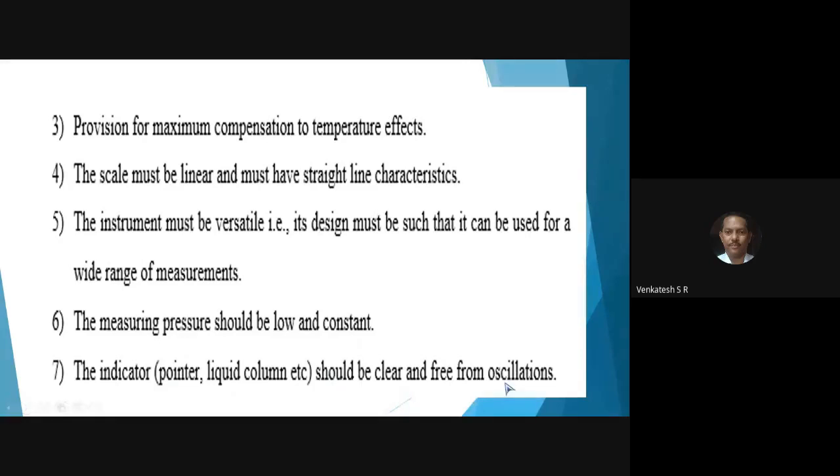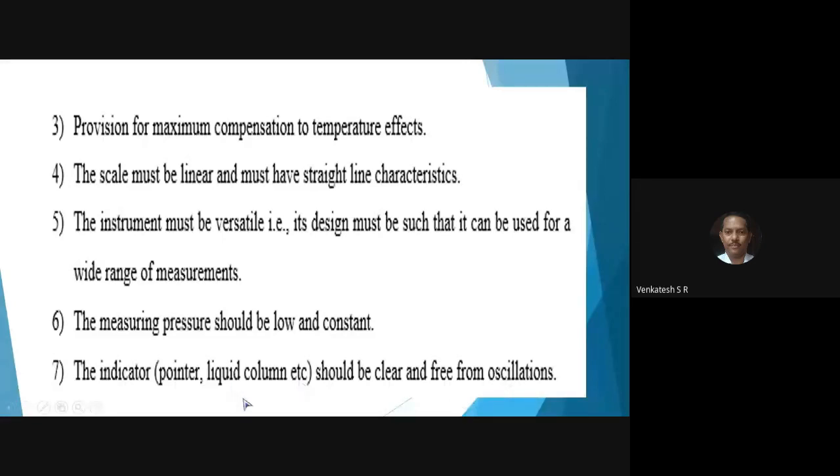Say you might have seen in a thermometer where you are using mercury as the liquid for measuring, that liquid may oscillate up and down, or sometimes in some measurements the dial indicator oscillates. There should not be such oscillation present in the instrument. So that is very, very important.